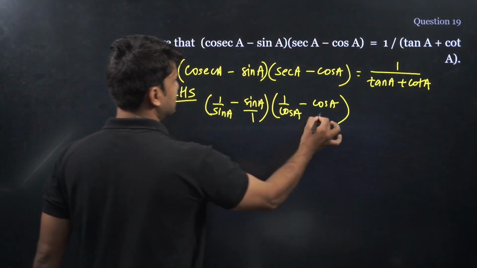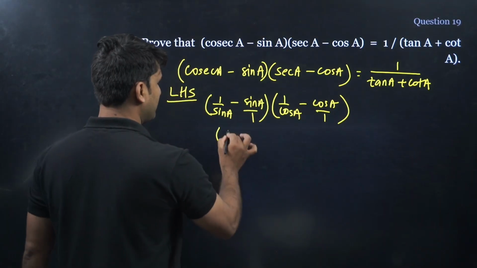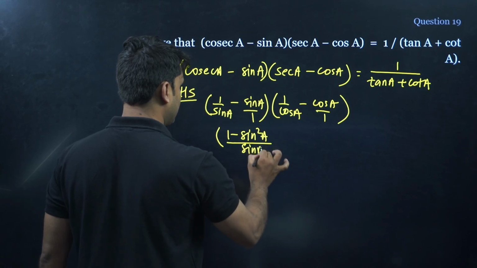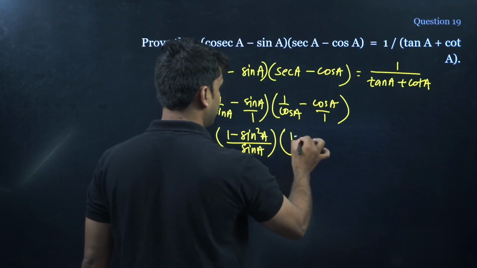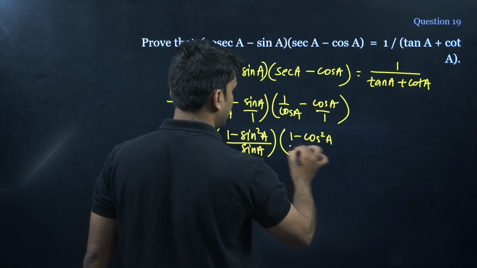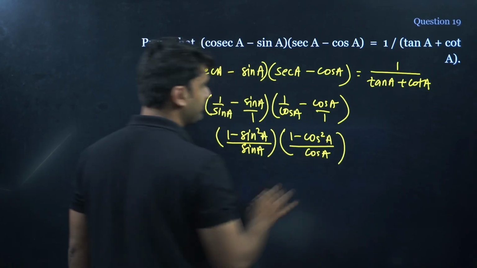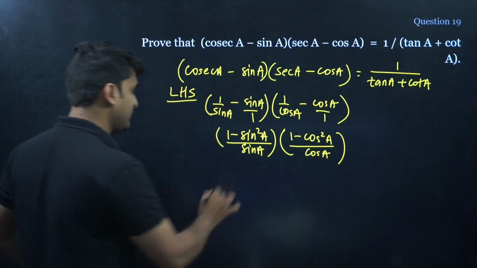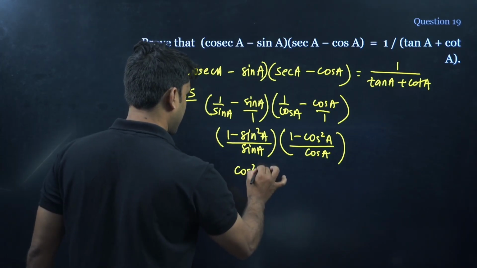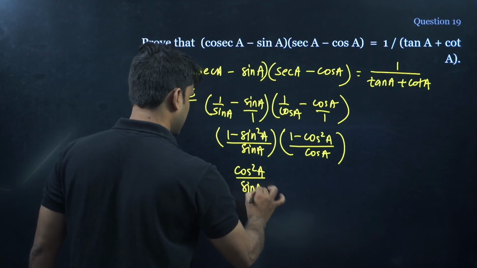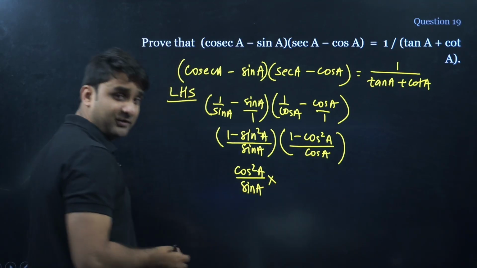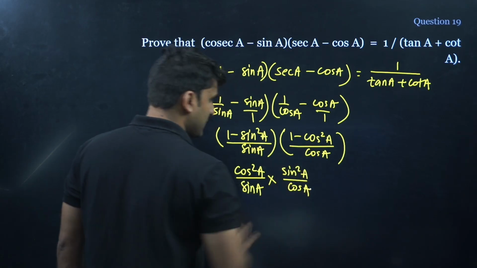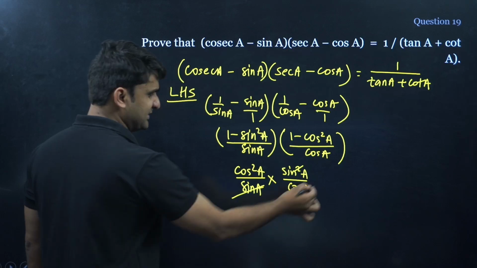On taking LCM, we have 1 minus sin square A, and sin A into 1 will be sin A. Here we have 1 minus cos square A divided by cos A. My dear champions, 1 minus sin square A is equal to cos square A divided by sin A, and 1 minus cos square A is equal to sin square A, so this is sin square A divided by cos A. Sin will cancel with sin, and cos will cancel with cos.